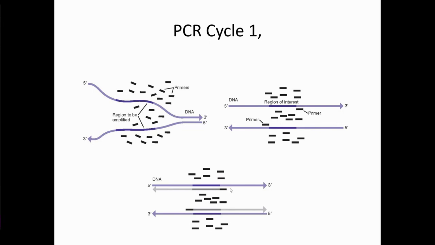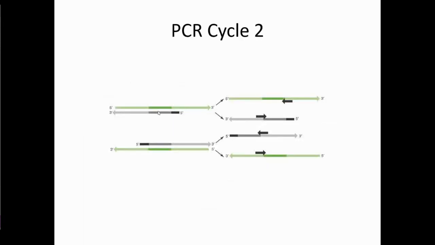Then when you enter the second cycle, you have this long product. This green one is the original template, and in cycle 2 it will just replicate the same long product as in cycle 1. We focus on these inner 2 products here.